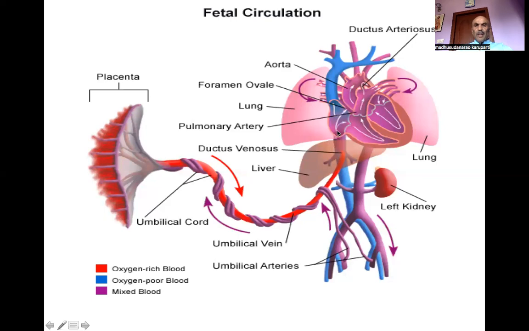Better oxygenated blood is supplied to the tissues in the head and neck and the upper extremities, and poorly oxygenated blood is supplied to the abdomen and the lower extremities, and ultimately goes to the placenta through the umbilical arteries to get oxygenated. This is how the fetal circulation is represented in this particular diagram.